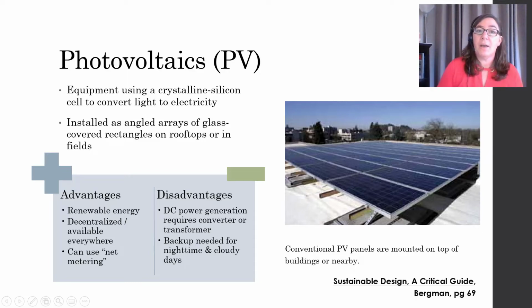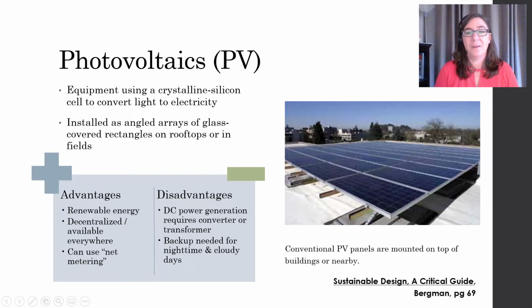The advantage of photovoltaic systems is that they are renewable energy. They're decentralized, available everywhere. There's sun pretty much everywhere. And you can use net metering, which means that you can often sell any extra energy back to your power company.